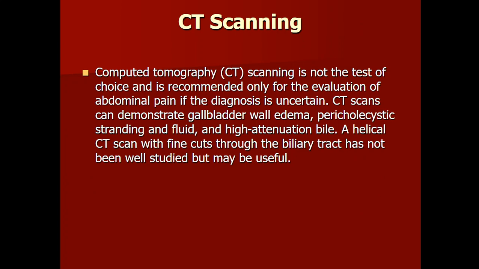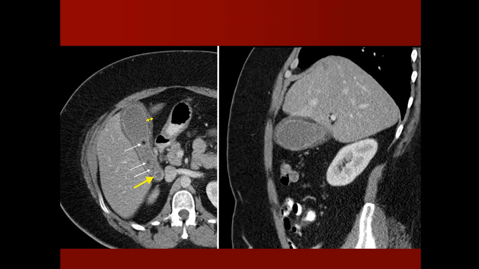A helical CT scan with fine cuts through the biliary tract has not been well studied but may be useful. Here on this CT scan picture you can see the typical picture of CT scanning. But there are also several advantages and disadvantages of this method.